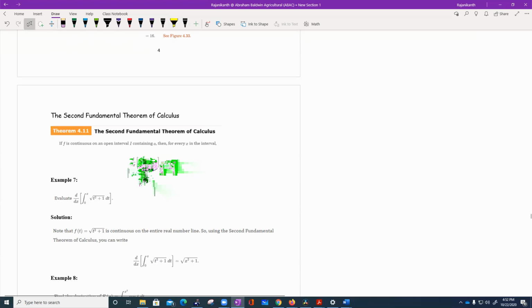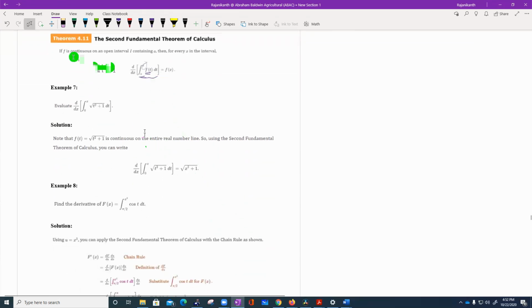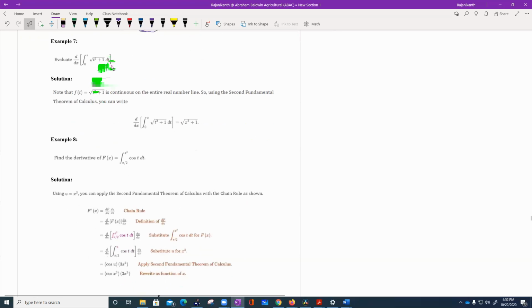What do they mean? They mean simply that if you see the constant value here and the variable there, the derivative of the integral is nothing but the inside function, with t simply replaced by x. Okay, so that's very easy. So you could use the second fundamental theorem of calculus for a continuous function, right? If you apply that theorem here, remember the given integral has the variable t, but after finding the antiderivative of this function, you will get a function in terms of t, right?